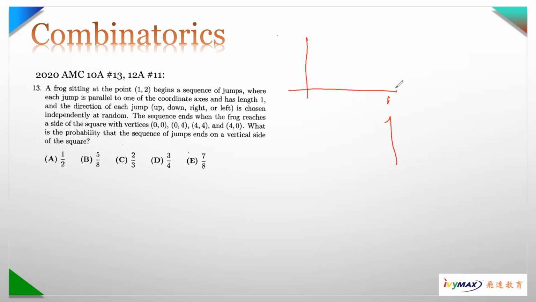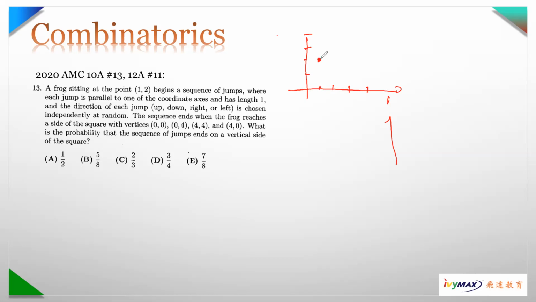Okay, let's get back to work. Okay, we have a point (1, 2). This is the starting point of the frog. They can jump either to the left or up, or either way, right?